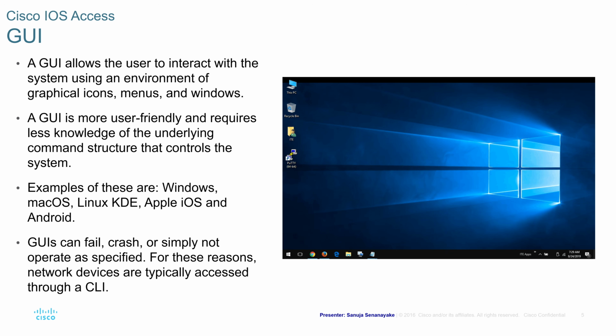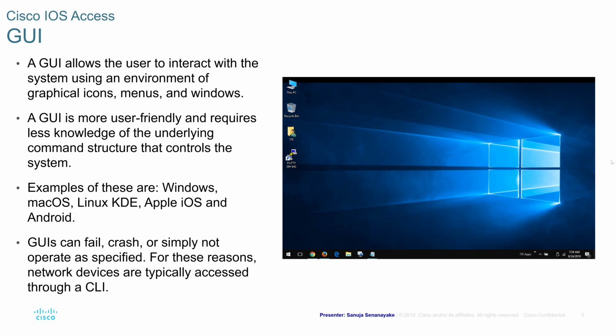Examples of GUI could be Windows, Mac OS, Linux KDE, the Apple iOS, Android, etc. However, the GUI can fail, crash, or simply not operate as specified. For these reasons, having a GUI on network devices is not very ideal. And instead, we use the CLI.